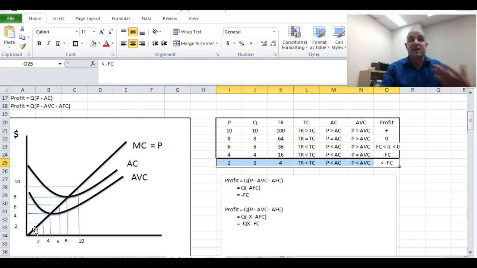So instead of having that $100 loss, by operating, you may lose $150. So that's why that's the case there. So basically, as long as you are at this point or above price-wise, it's worth it for you to stay open, at least in the short run.